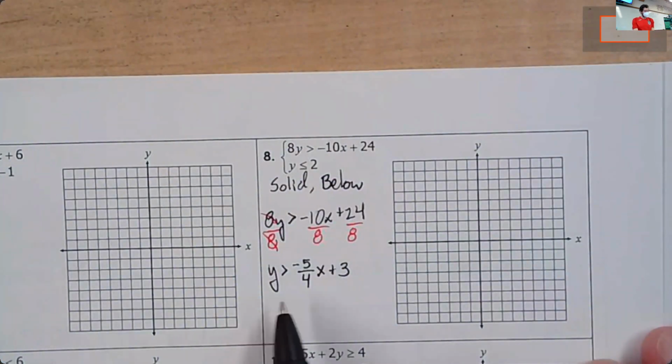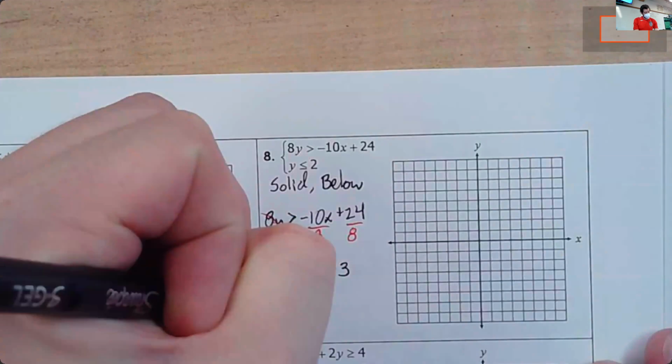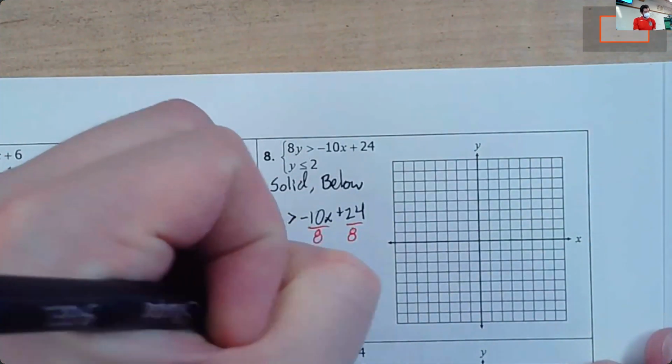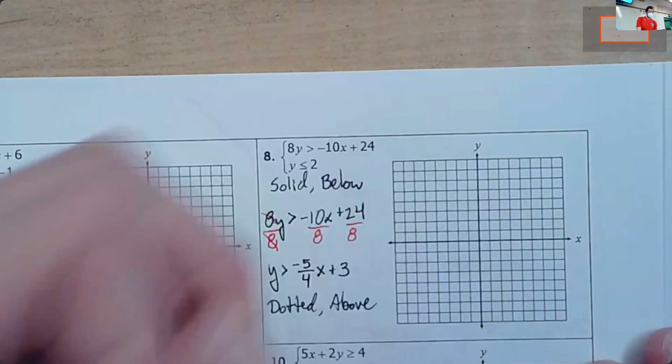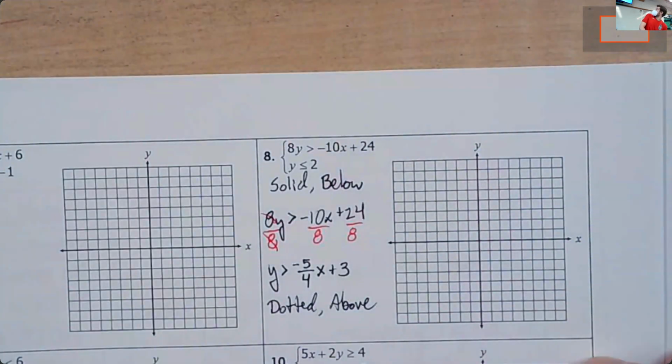And then this line down here, greater than, and there's no line underneath the inequality. So if there's no line underneath it, that would be a dotted line. And it says greater than, so we're shading above. So those are our 2 types of lines that we're looking at. That's the shading as well.